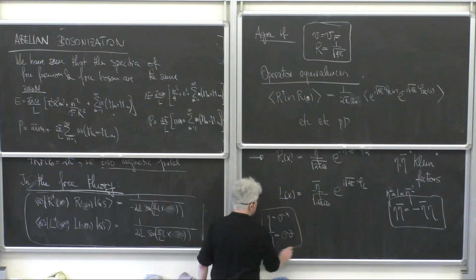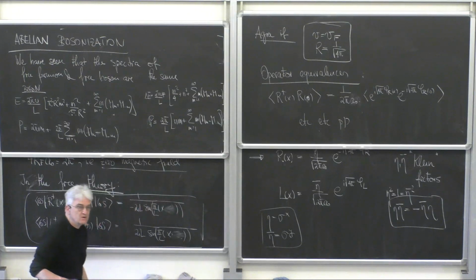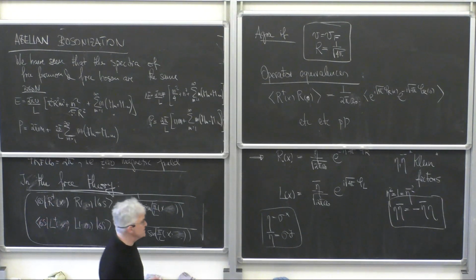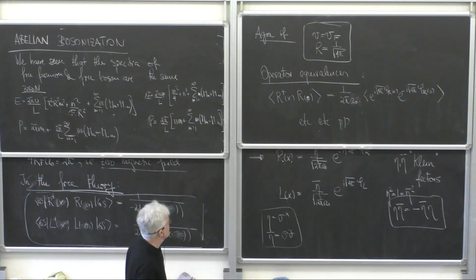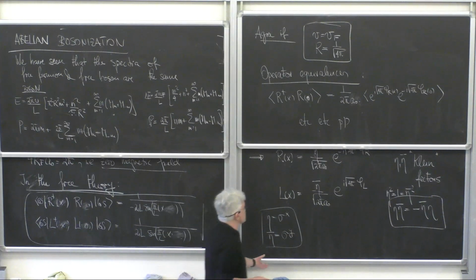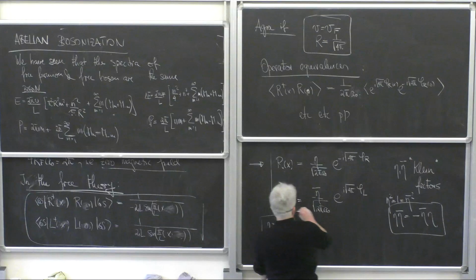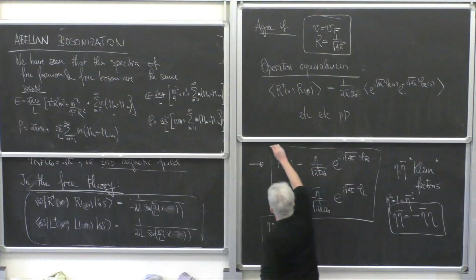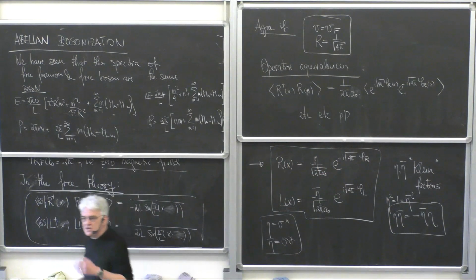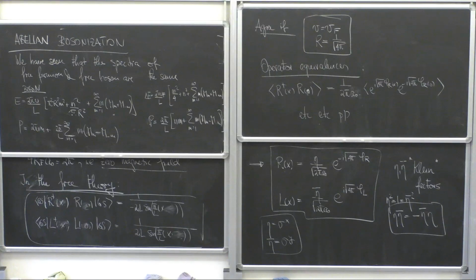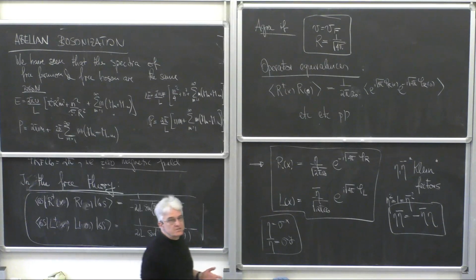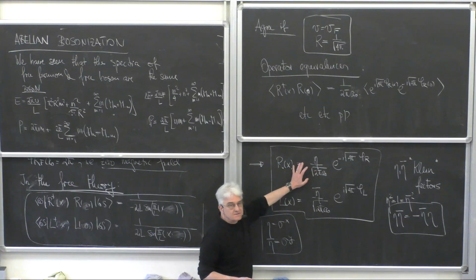You can just choose them to be Pauli matrices, and different Pauli matrices, of course, anti-commute and square to 1. Now, those are the operator equivalences. The obvious question that arises: I have introduced additional degrees of freedom, namely these Klein factors.